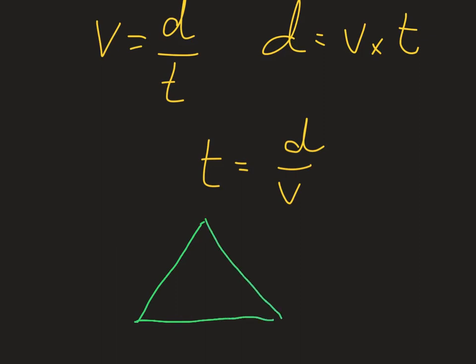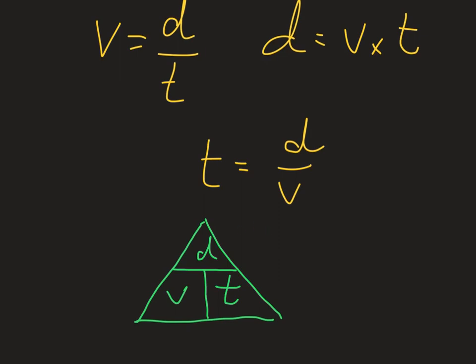Okay, and what we do with our triangle is this. Our D goes up here, V and T go here. Now it doesn't matter which way you put the V and T, what matters is that the distance is on top here. So if you're not sure how to rearrange, this triangle can actually help you out, all right? So let's say you were trying to find distance.